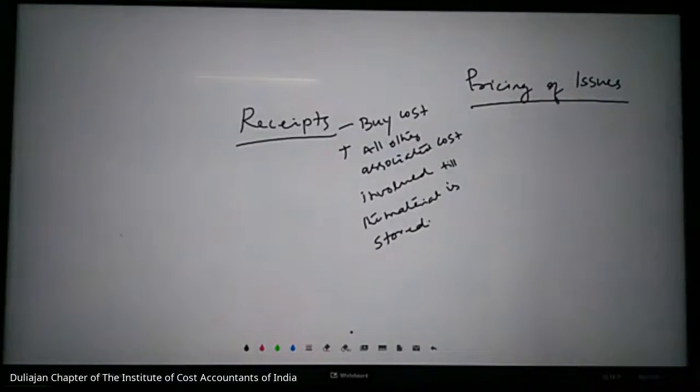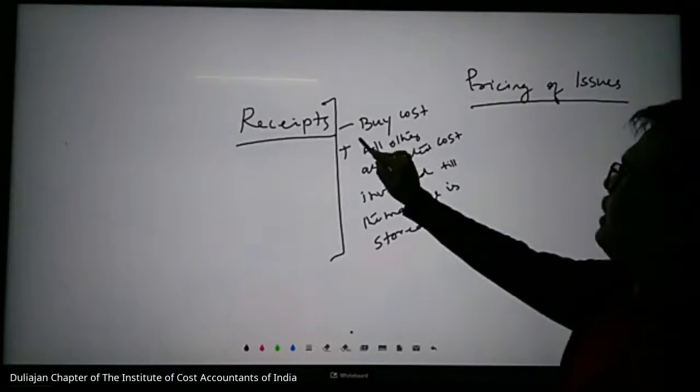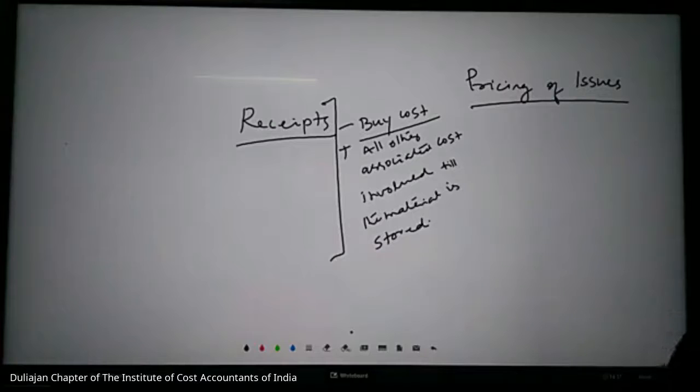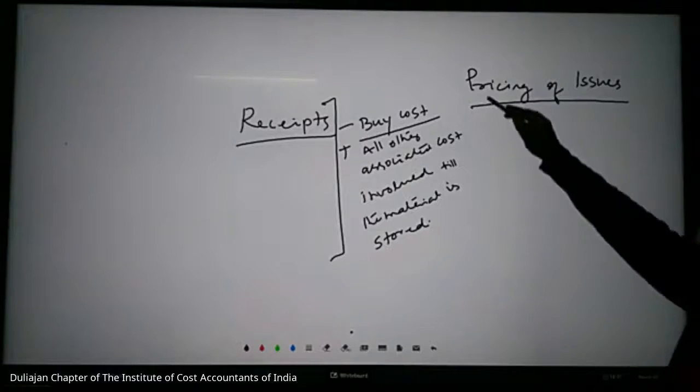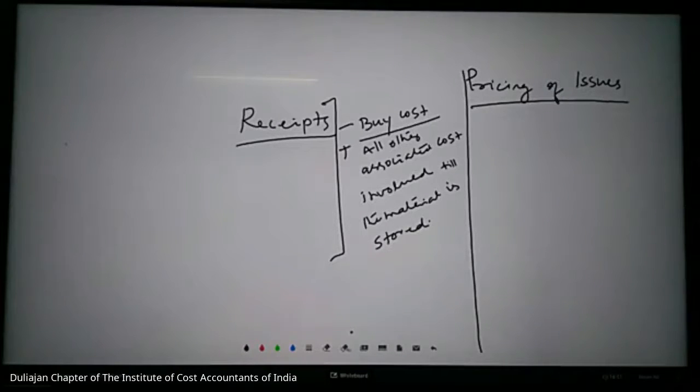So this is receipt. There is a clear cut valuation of receipts. It is the purchasing cost plus all other costs that we have already discussed. But what about issues?